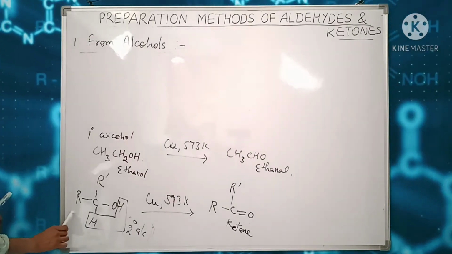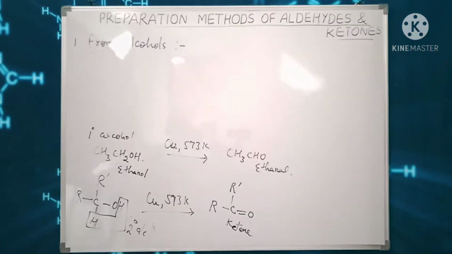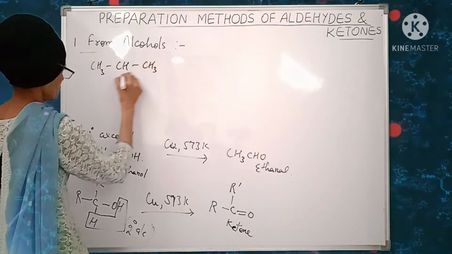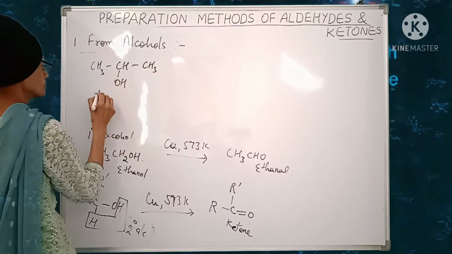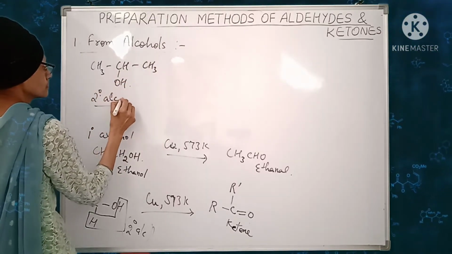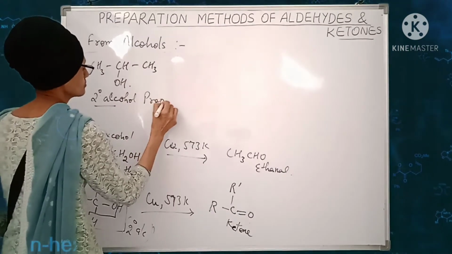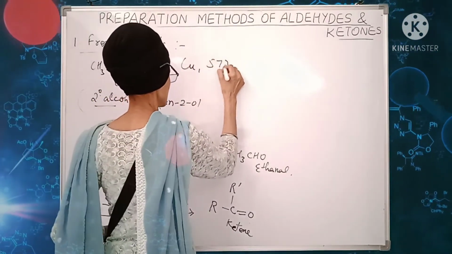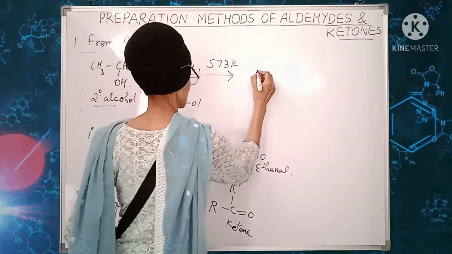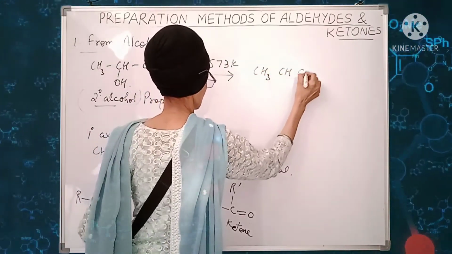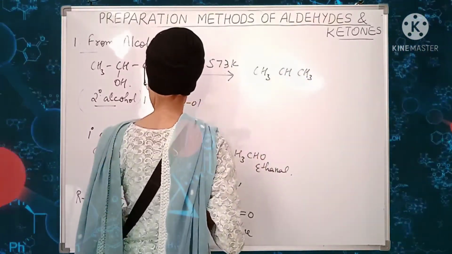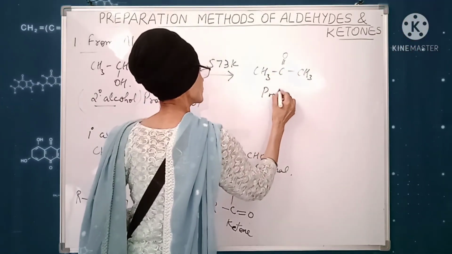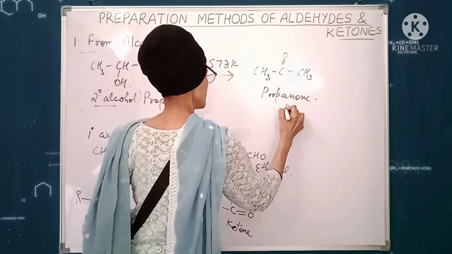Here we are taking the example of a 2-degree alcohol, propan-2-ol. On treatment with copper at 573 Kelvin, it will change into propanone, which is a ketone.